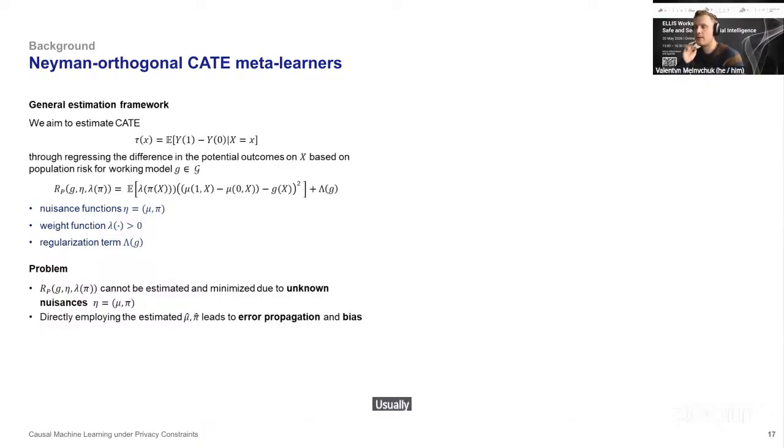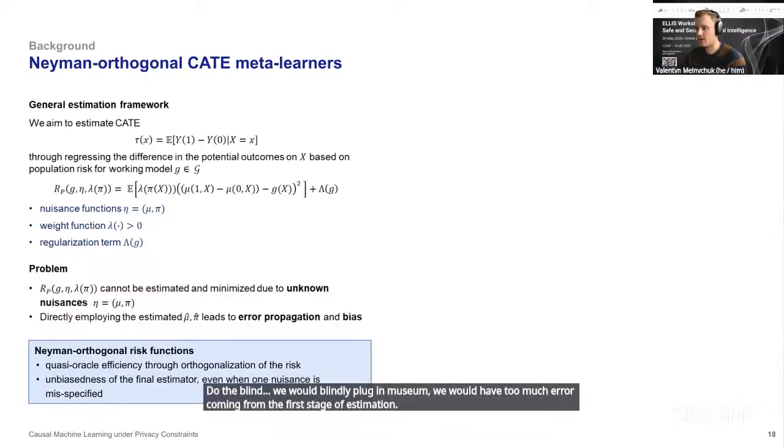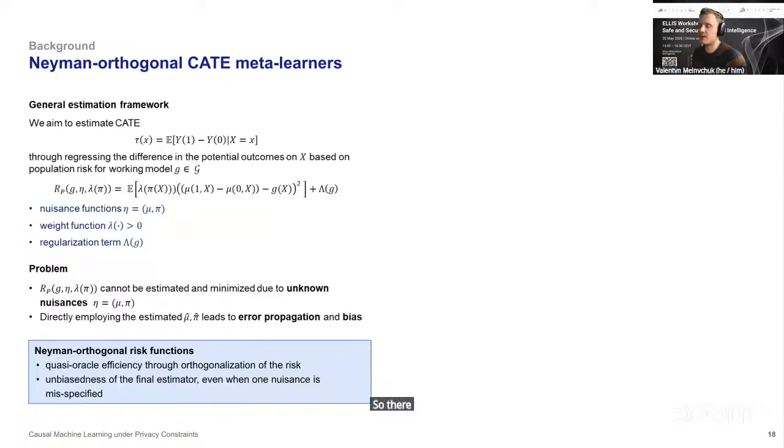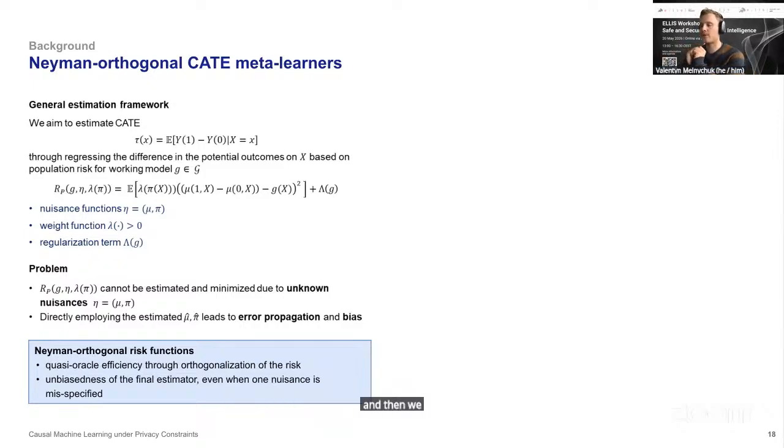Usually, if we would blindly plug in mu0, mu1, we would have too much error coming from the first stage of estimation. So there is a whole theory that we can additionally use the propensity score, and then we can remove the first order bias coming from these estimators of outcome functions.